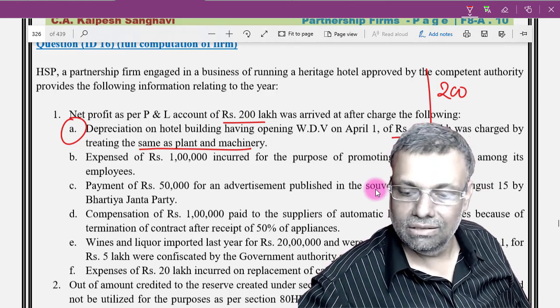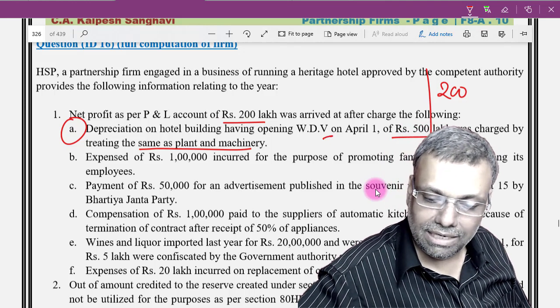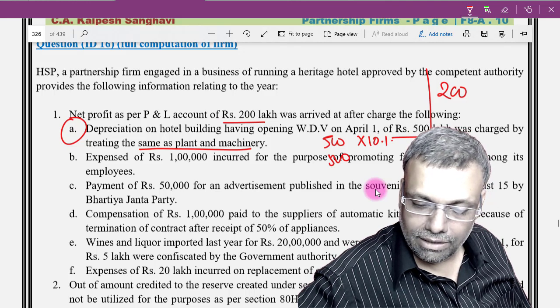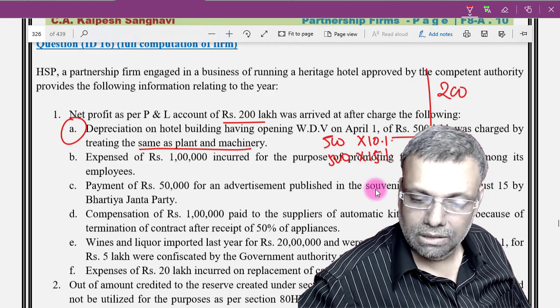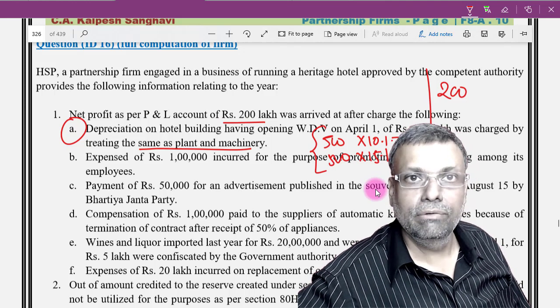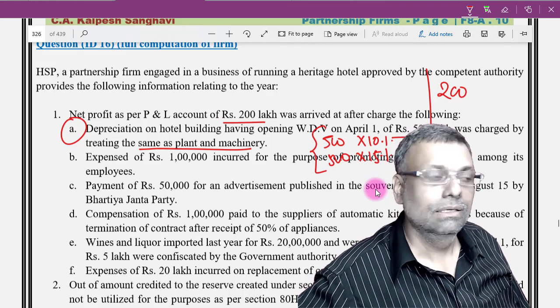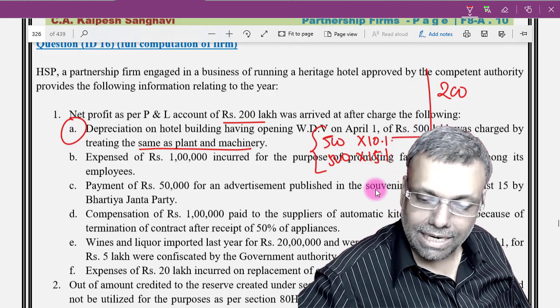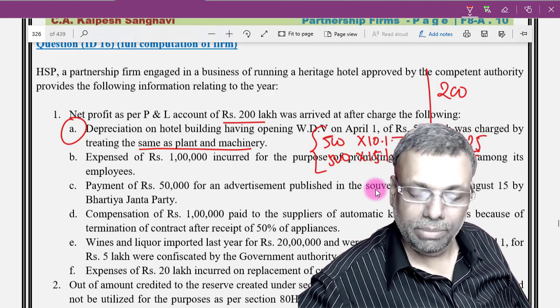So just change the depreciation, because you might have charged the higher depreciation. So 500 into 10% is the correct way, whereas 500 into 15% is what you have actually charged. So the difference I will have to add back to the computation. The difference is 5% of 500. That means add 25, or you can show the breakup also, add less.